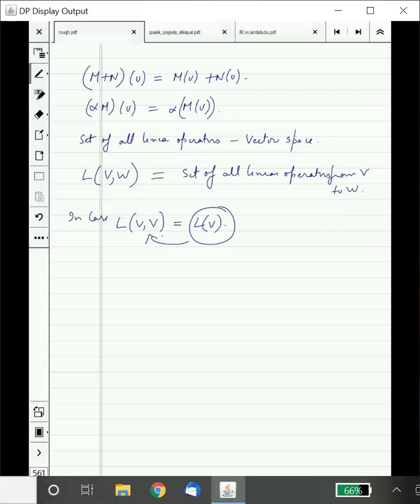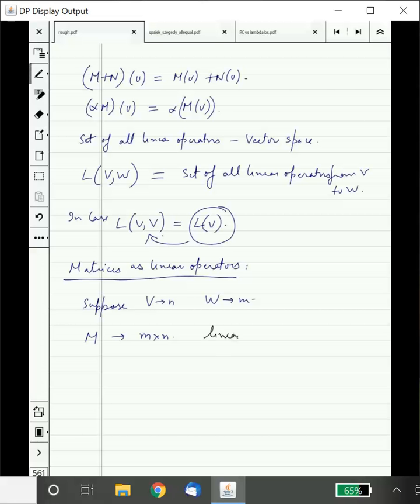Now, I will tell you that these linear operators are nothing new. You have seen them all your life. So let's talk about matrices. I am sure you know what matrices are. Suppose, again, V has dimension n and W has dimension m. So you remember that if I take a matrix M, which is m cross n, then you can easily show that the action of matrix M is actually a linear operator on the vector space.